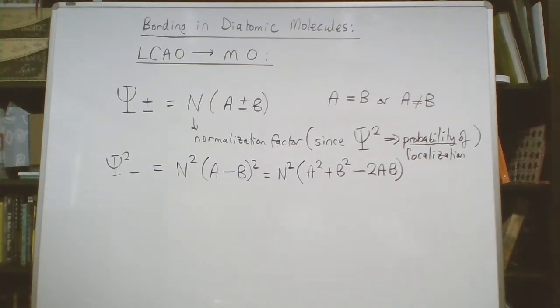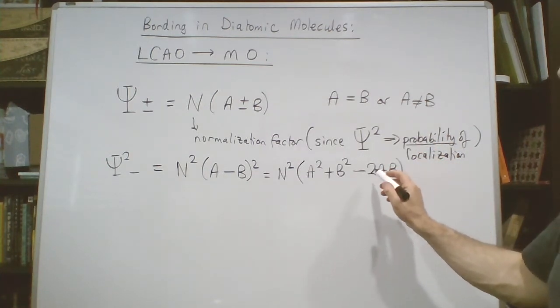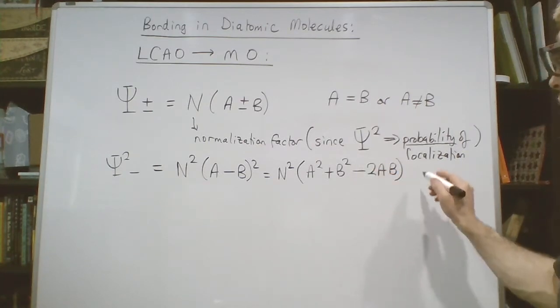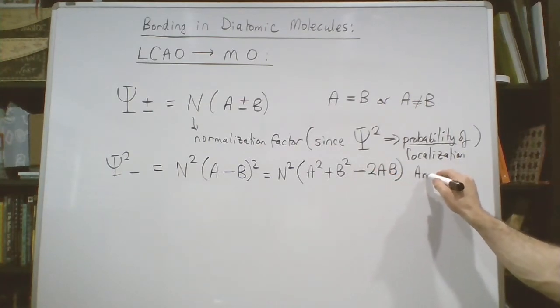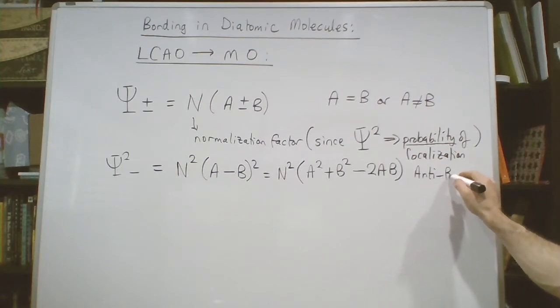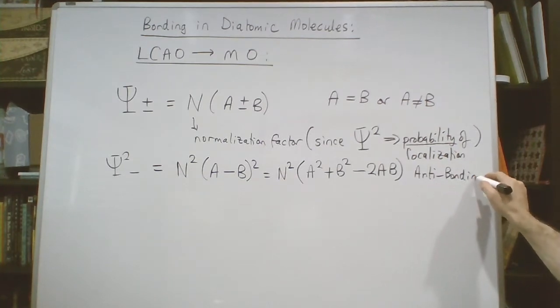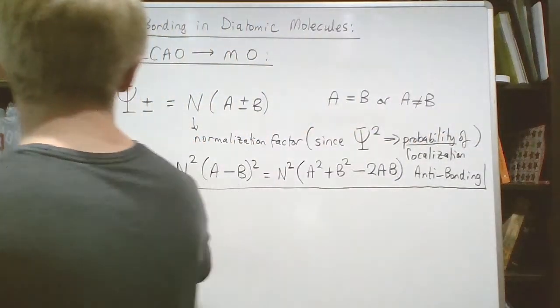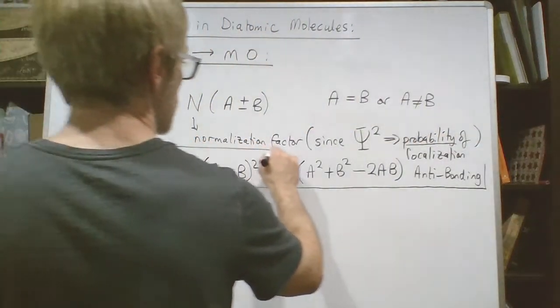So the only difference here is we have this negative sign here, whereas previously we had a positive sign. So we have an interference term, but essentially it's a negative term. So we call this anti-bonding. So this would be the anti-bonding case.